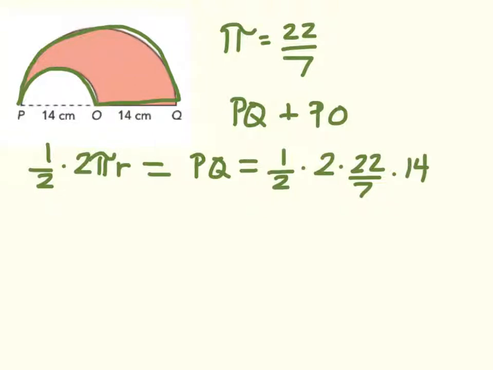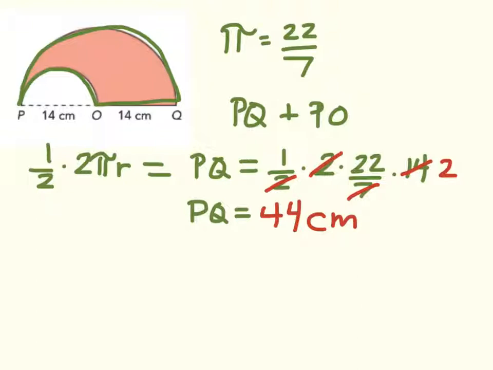All right, so PQ is going to be equal to, let's work this out here. We can reduce these. All we have left here is 1 times 22 times 2, 44. So our arc length here is 44 centimeters. All right, we have our first answer.